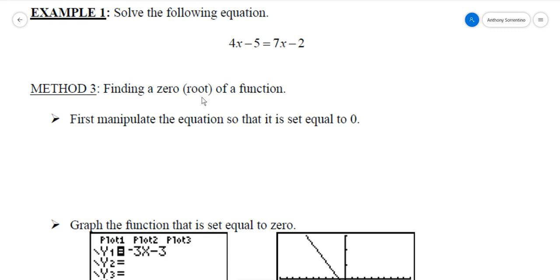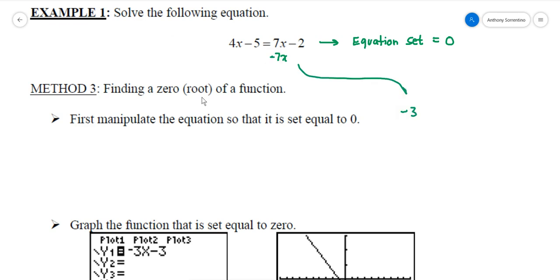So basically, one way I could also solve this equation graphically, if that's the way I want to go, is to write an equation set equal to 0. So I'm going to let one side of this equation be 0. I'm going to choose the right-hand side. So I'm going to subtract 7x from both sides.